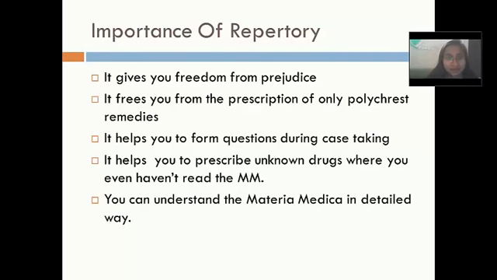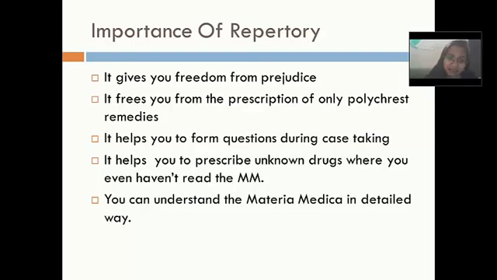Second thing, it frees you from the prescription of only polychrest remedies, because generally I have seen this, that we can remember few remedies or symptoms of few remedies, and they are mostly polychrest remedies. And also some of our prescriptions are based on our experiences. So if I have treated constipation with Nux vomica in the past, I will definitely remember Nux vomica's constipation for sure for the next patients.